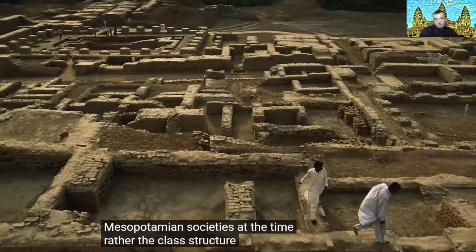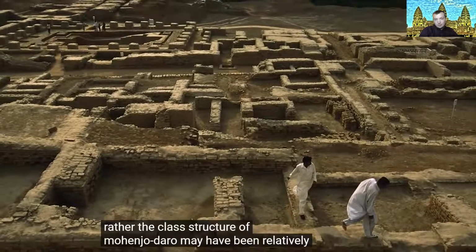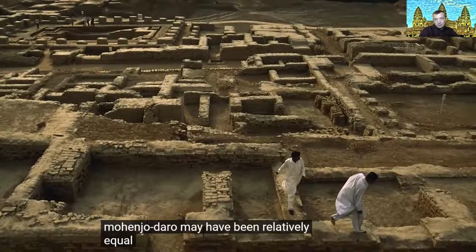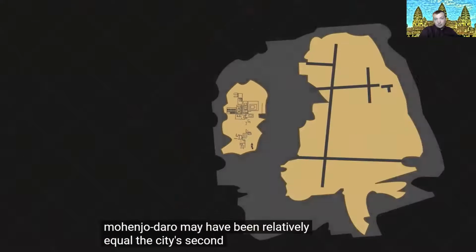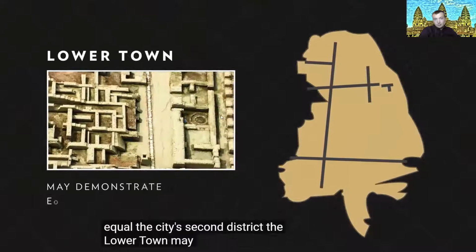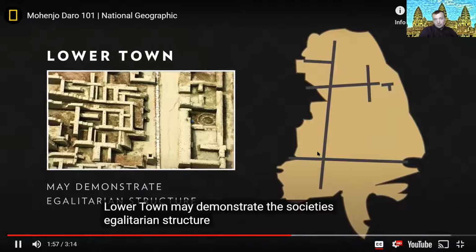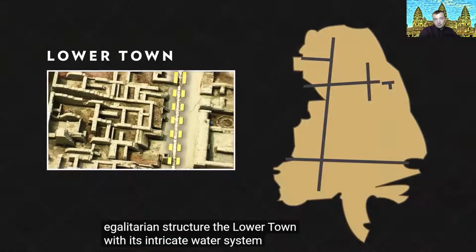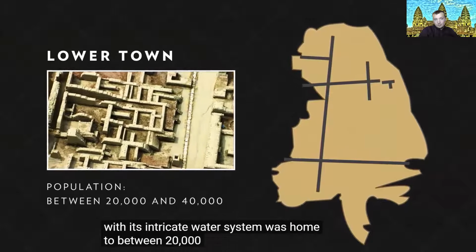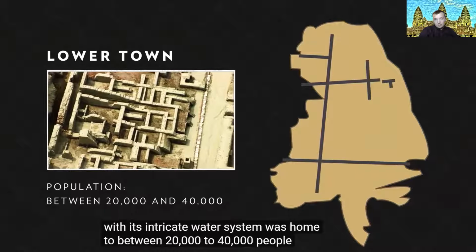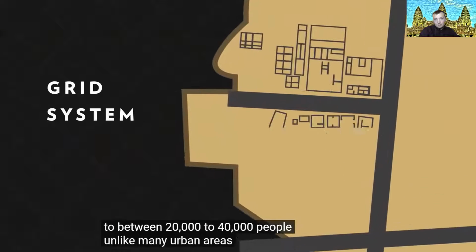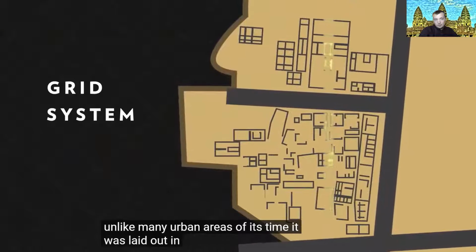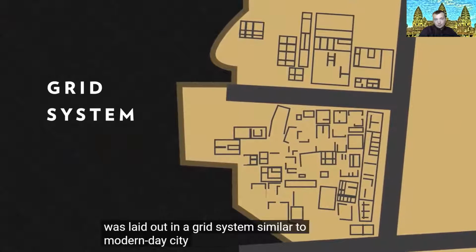Rather, the class structure of Mohenjo-Daro may have been relatively equal. The city's second district, the Lower Town, may demonstrate the society's egalitarian structure. The Lower Town, with its intricate water system, was home to between 20,000 to 40,000 people. Unlike many urban areas of its time, it was laid out in a grid system similar to modern-day city blocks.